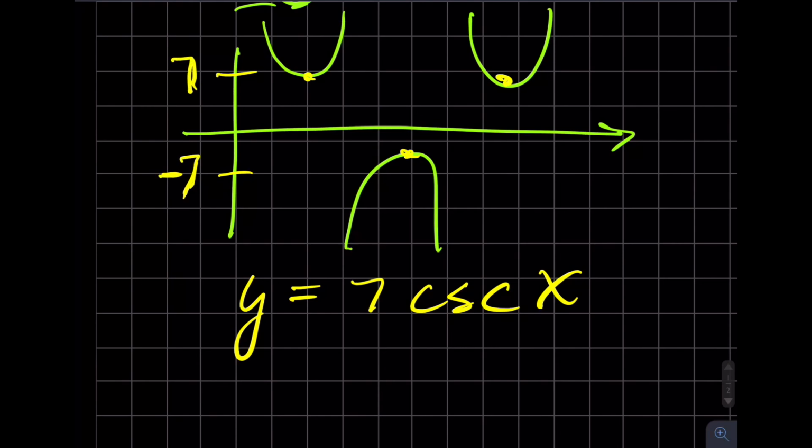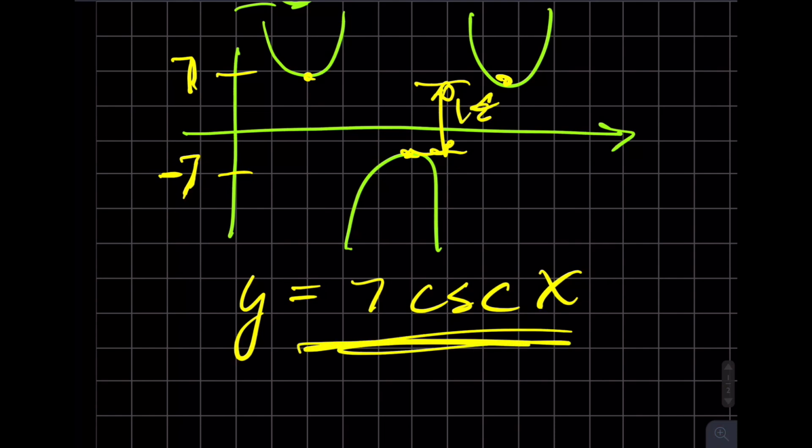So instead of stretching, these would just get further apart. The gap between these in the parent function is 2, plus 1 and -1 from 0. But in this function, that gap would be 14 units. And the U-shaped things get stretched out as well, but that's harder to see in my opinion.